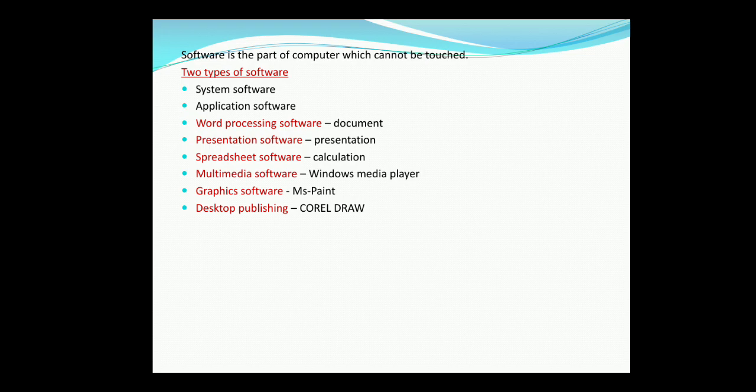Multimedia software is used to create the multimedia content like the Windows Media Player, Windows Movie Maker. Graphics software. Graphics software is used to draw the pictures, drawing, and the example is MS Paint. Desktop publishing, that means using that we combine the text and image. And its example you can see CorelDRAW.